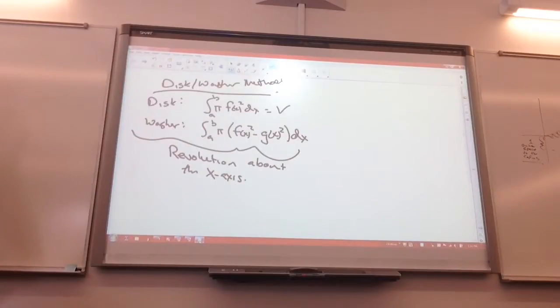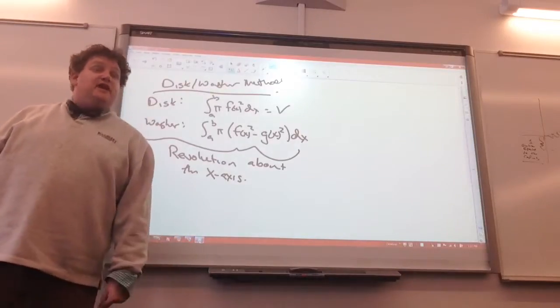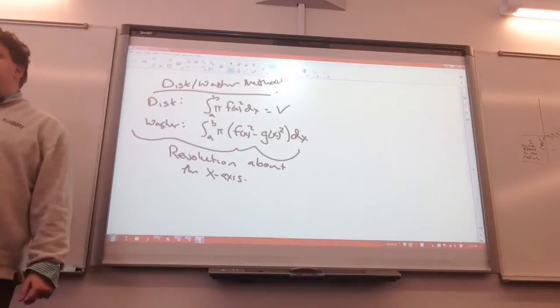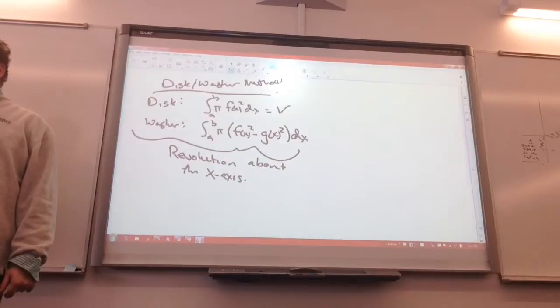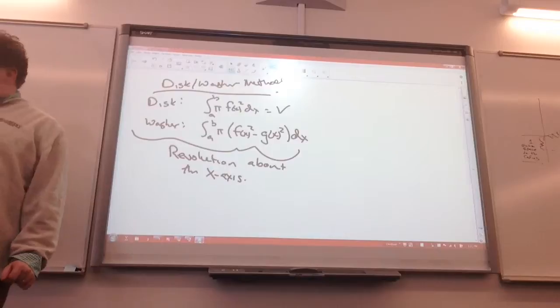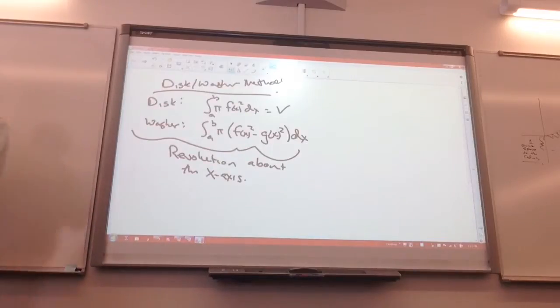But we don't necessarily always have to do it that way. There are variations on this. So if there's a shape above the x-axis, everything between that shape and the x-axis will always be a hole within the solid? Pretty much, yeah, unless the area goes straight down to the x-axis. Right. So that's what the washer method is telling you.